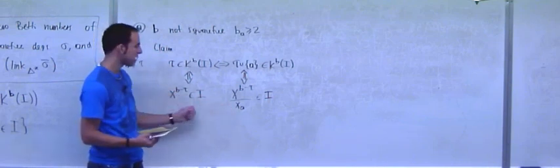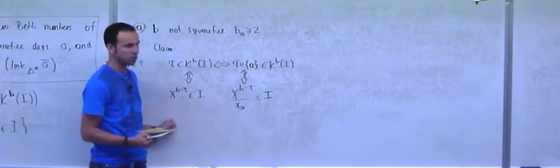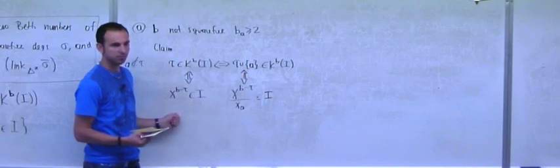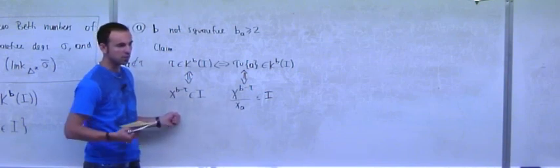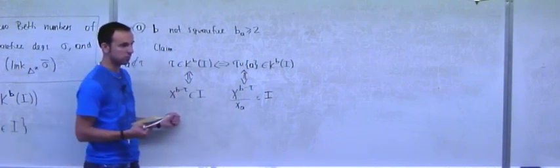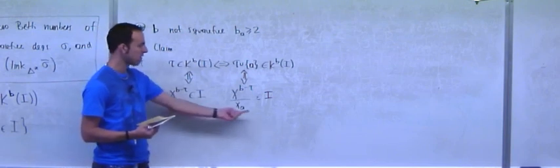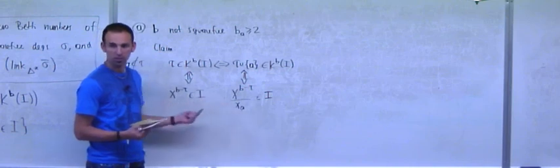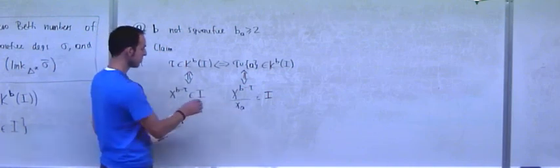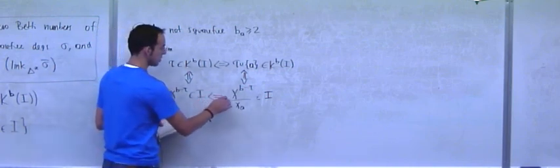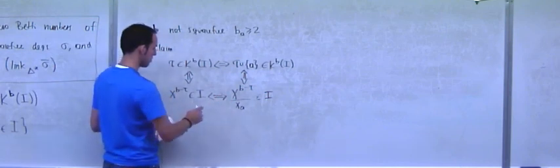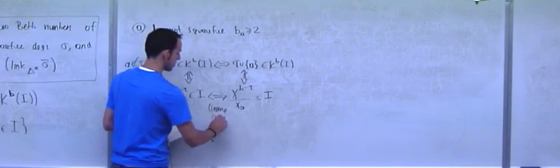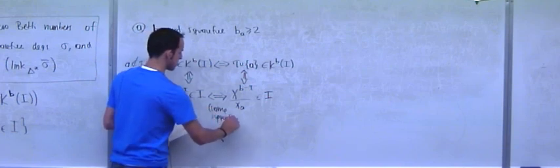Which means that these two have the same support. It's just that the exponent of a is 1 more here. But since I is square free, it doesn't really matter if you have an x sub a or an x sub a squared. That's not going to change whether you belong to the ideal or not. And so that's why these two things are equivalent, because they have the same support. Okay.